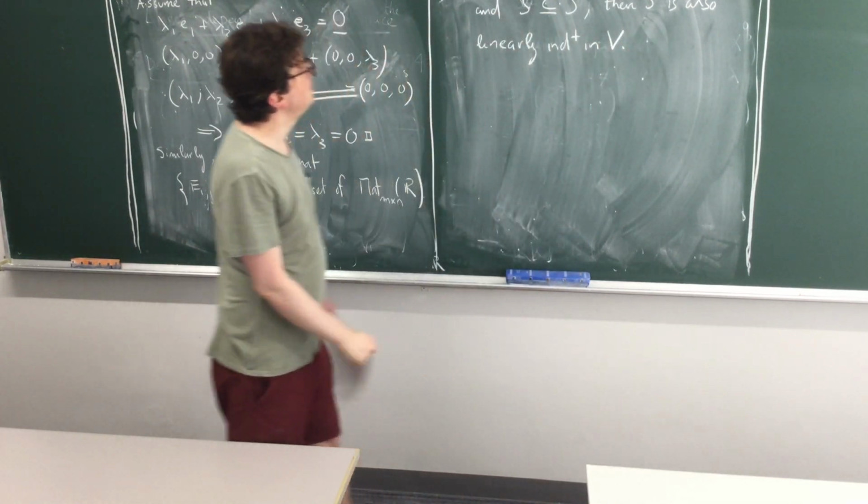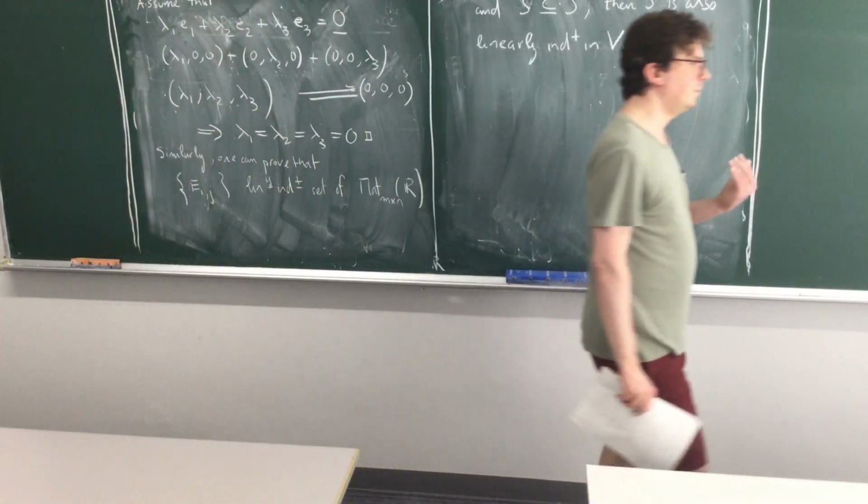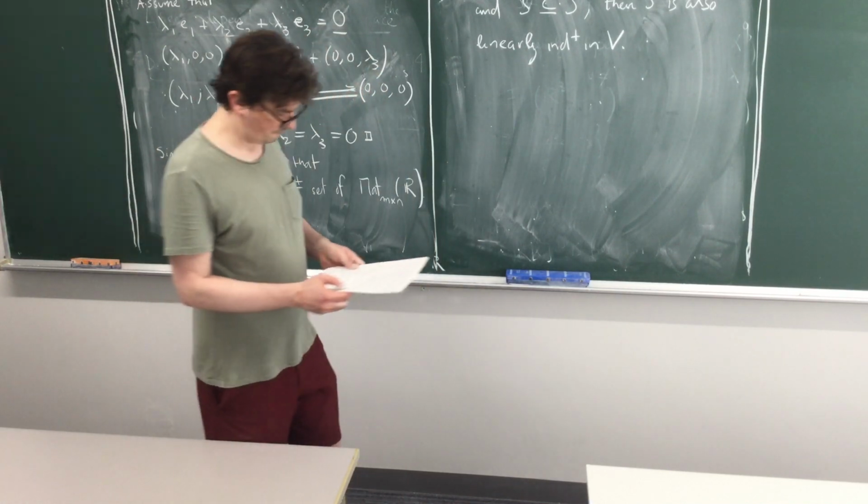The proof is immediate. It's very easy. So if you take a smaller subset of a set which is linearly independent, then this will be linearly independent.